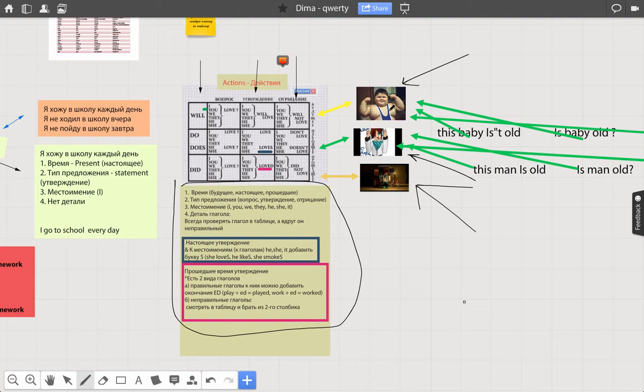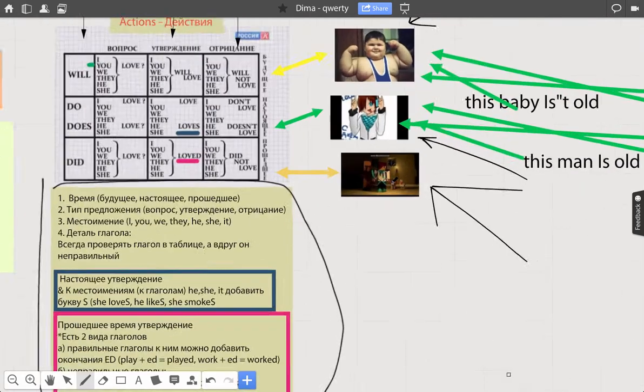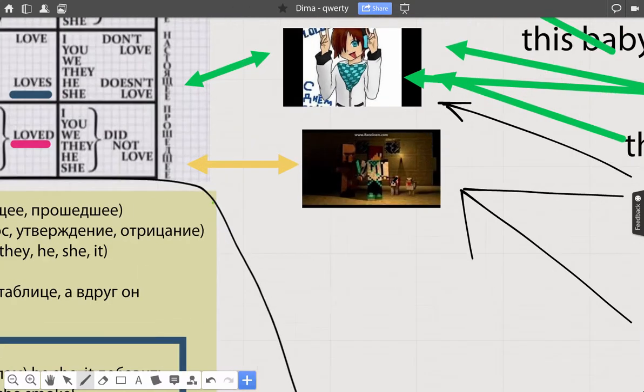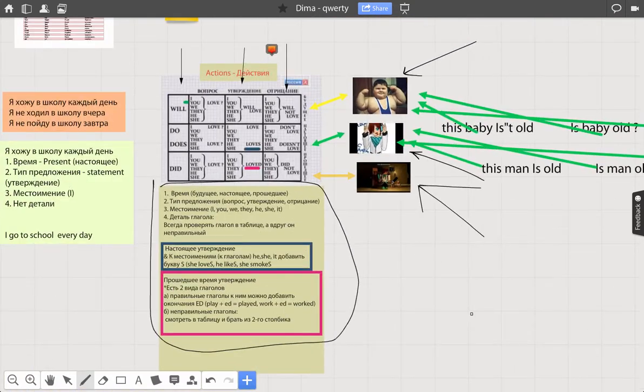So this small fat boy, who seems to be a wannabe kung fu master, represents will, future. Then a little anime boy is responsible for present. And some kind of Lego, I guess, or no, it's Minecraft. Sorry guys, Minecraft is responsible for past.